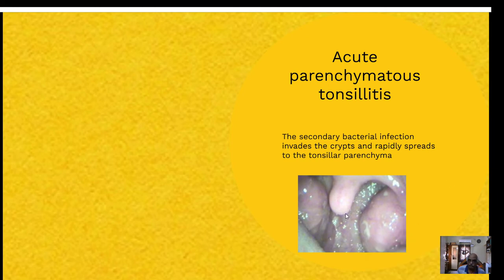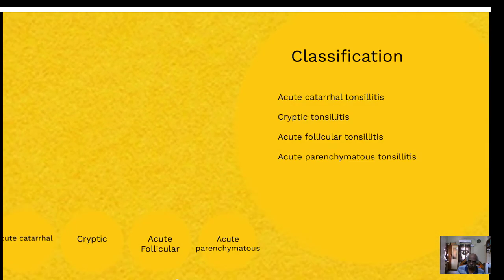This is acute parenchymatous tonsillitis. Here you will see a diffuse enlargement of the tonsil with reddish mucosa over it. The crypts cannot be clearly seen. The follicles cannot be clearly seen. So this is how the tonsil will look in acute parenchymatous tonsillitis.